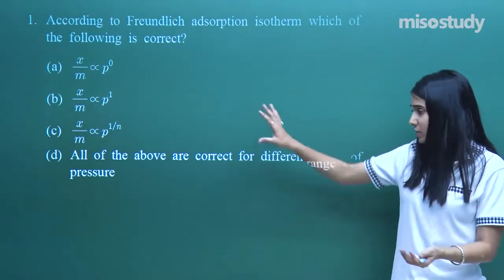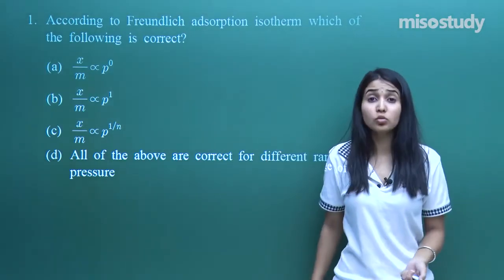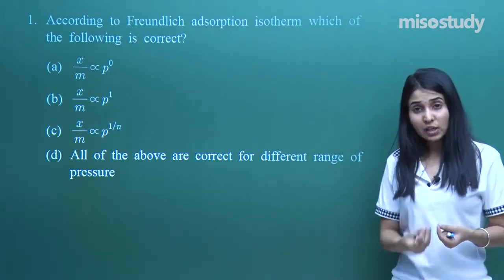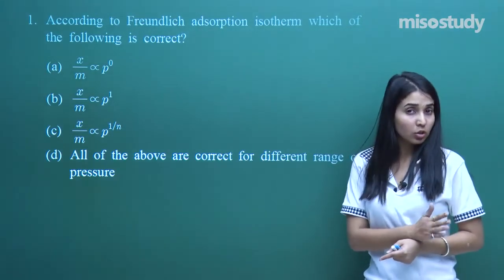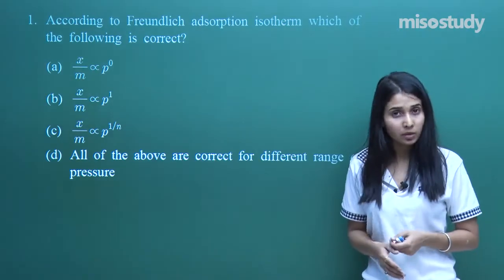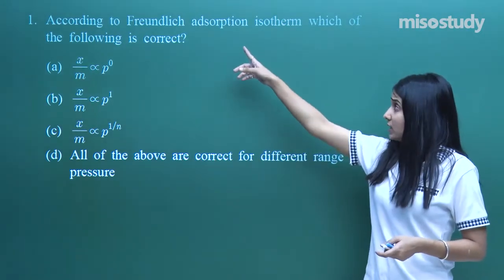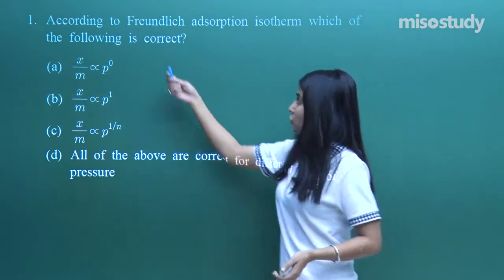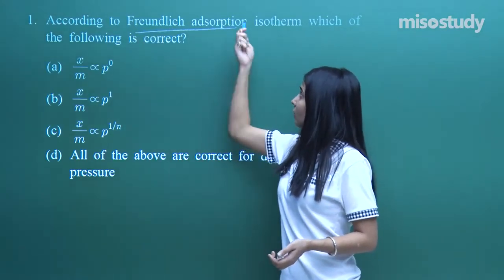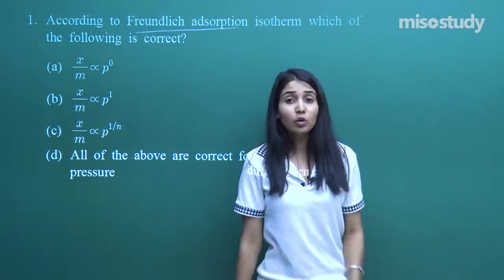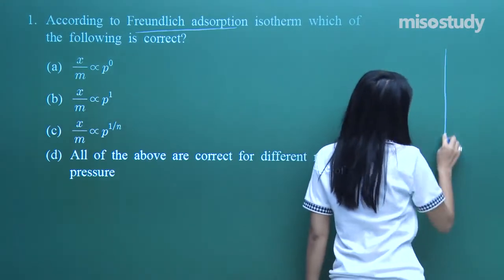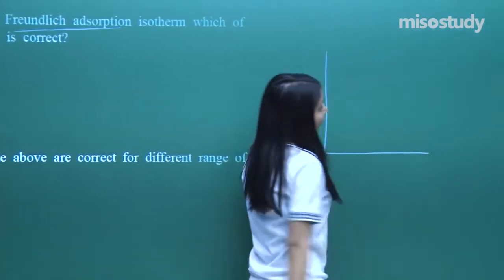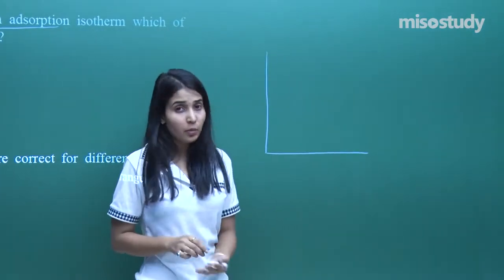Now of course, just by looking at this, I won't be able to do that. What do I always say? Just proceed step by step and rule out the options which you do not find apt. Now it says Freundlich adsorption isotherm. I mark that. If they say Freundlich adsorption isotherm, I should know how to draw it and what the basic formula was.